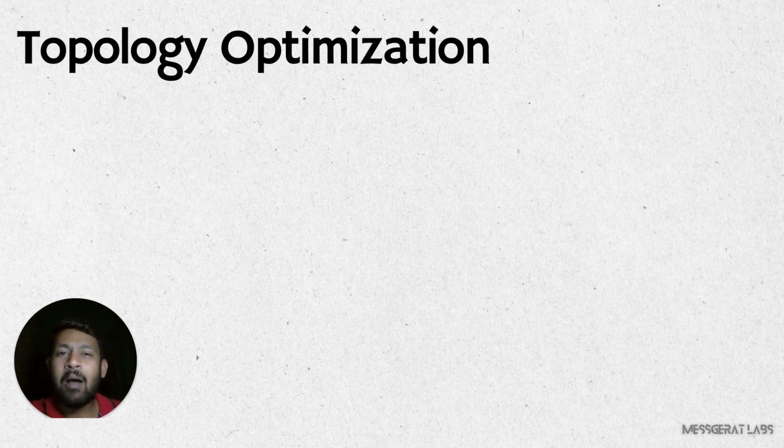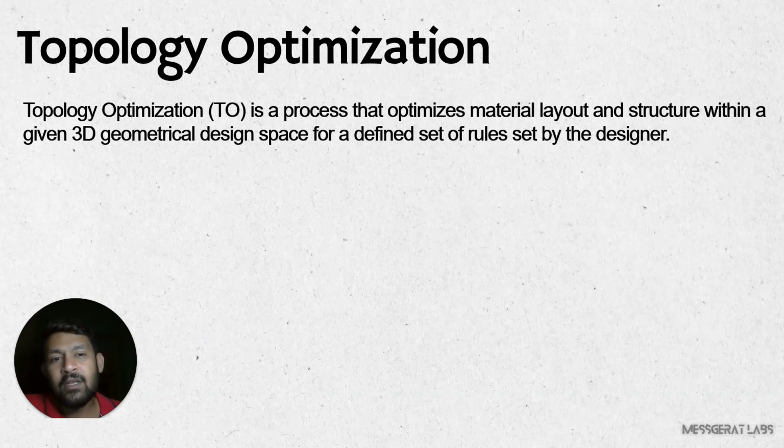There are multiple ways of creating lightweight components, and one of them is topology optimization. Topology optimization is basically the optimized layout of material within the structure, within the geometrical design area.